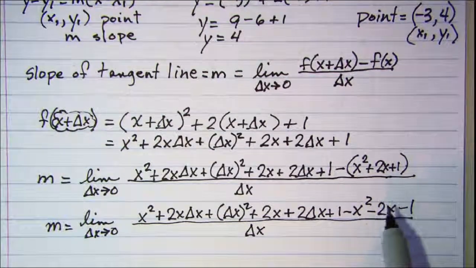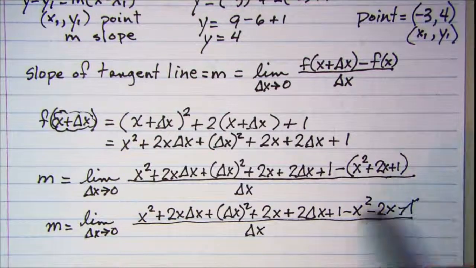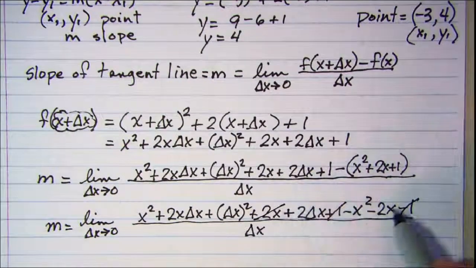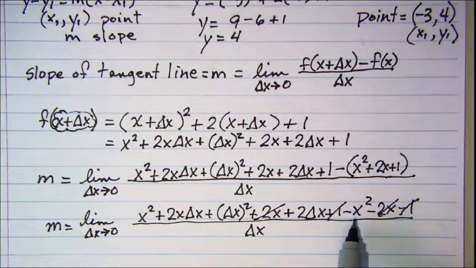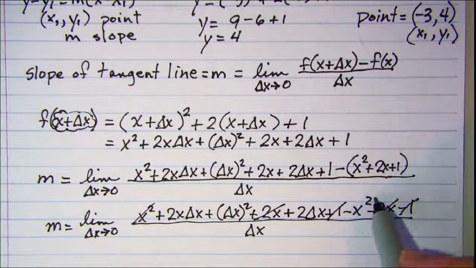Now some things should cancel. I have a negative 1 here and a positive 1, so those cancel. I have a negative 2x and a positive 2x, so those cancel. And I have a negative x squared and a positive x squared, those cancel.